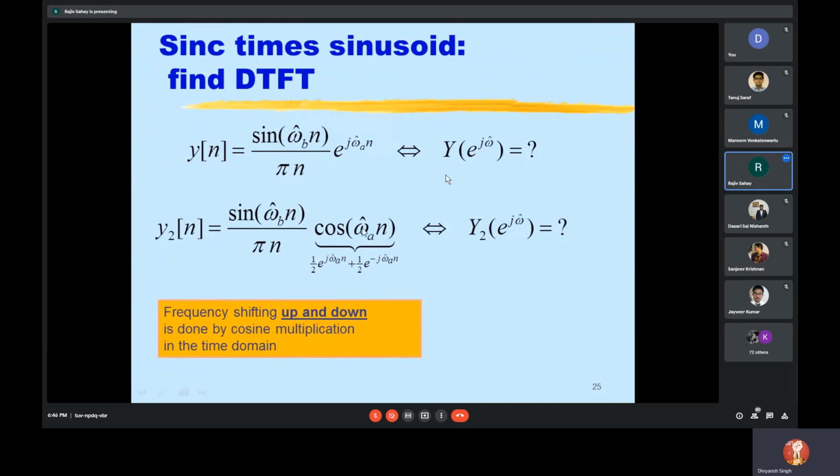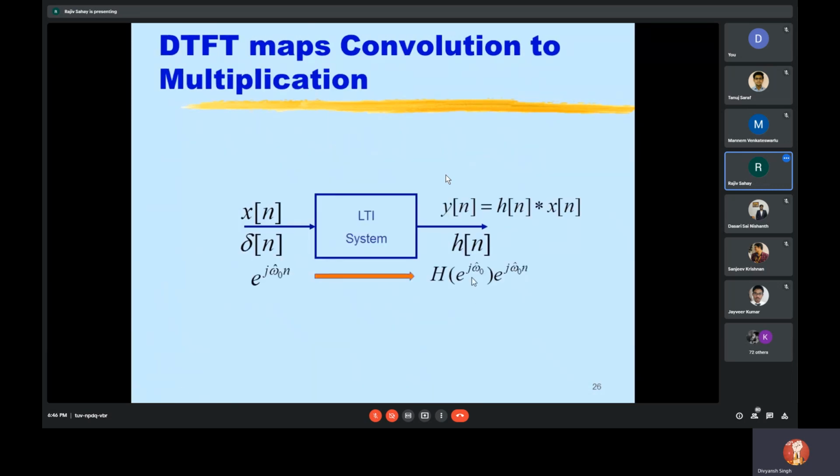If you multiply by cosine, then you are getting both shifting up and down, because you have the cosine as a summation of two complex exponentials, and they will shift the frequency up and down. You can try to do that as an exercise.